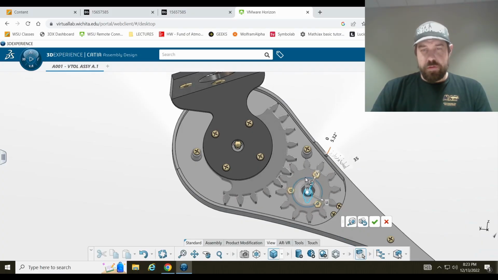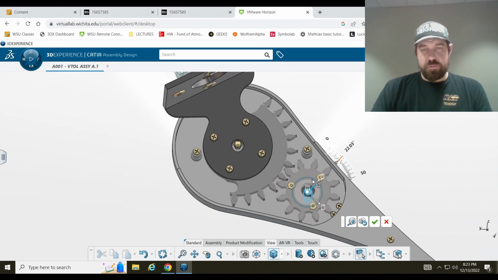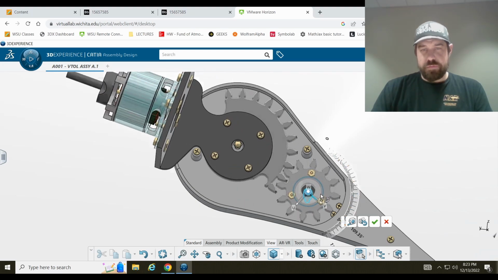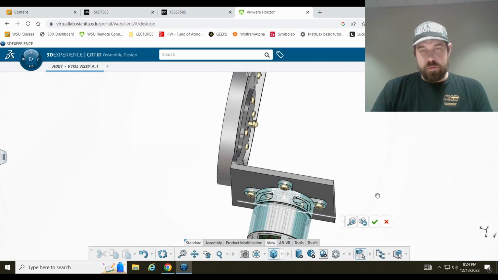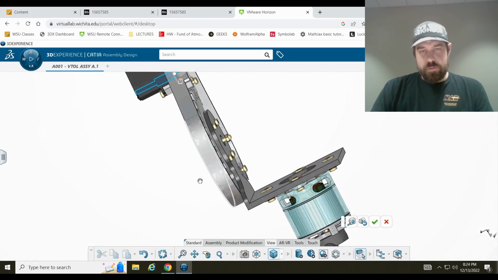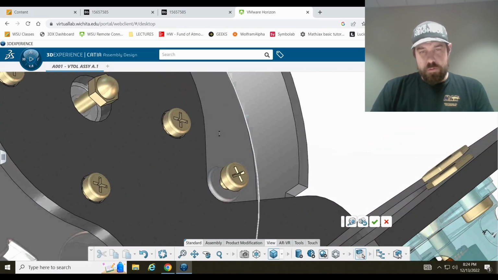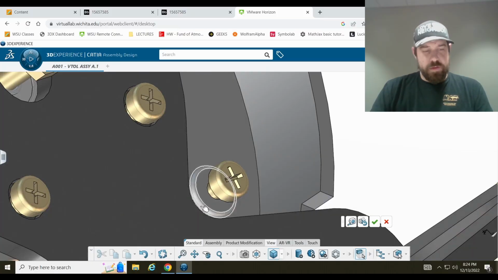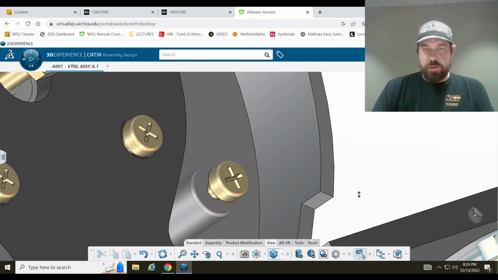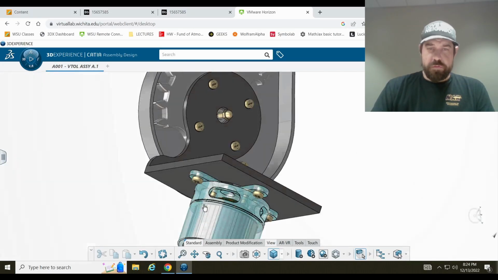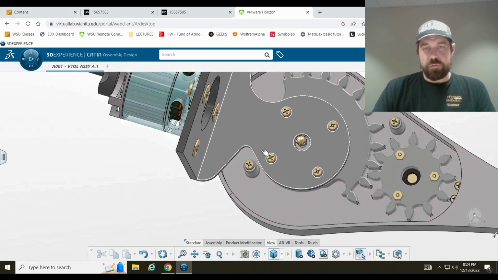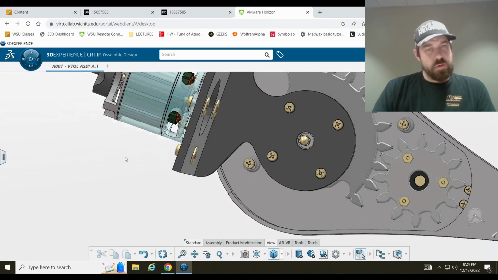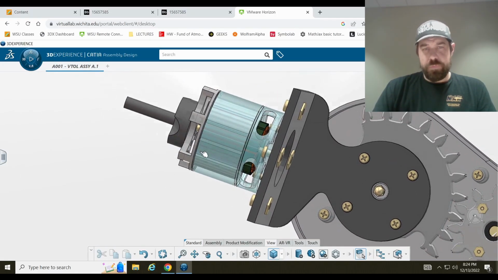If we keep going the other way, you'll see that the angle bracket actually becomes the stop. So right here, the angle bracket has contacted the edge of the screw boss. So that's our stop. It also shows the animation for how the gears interact with that revolute connection and the gear connection.